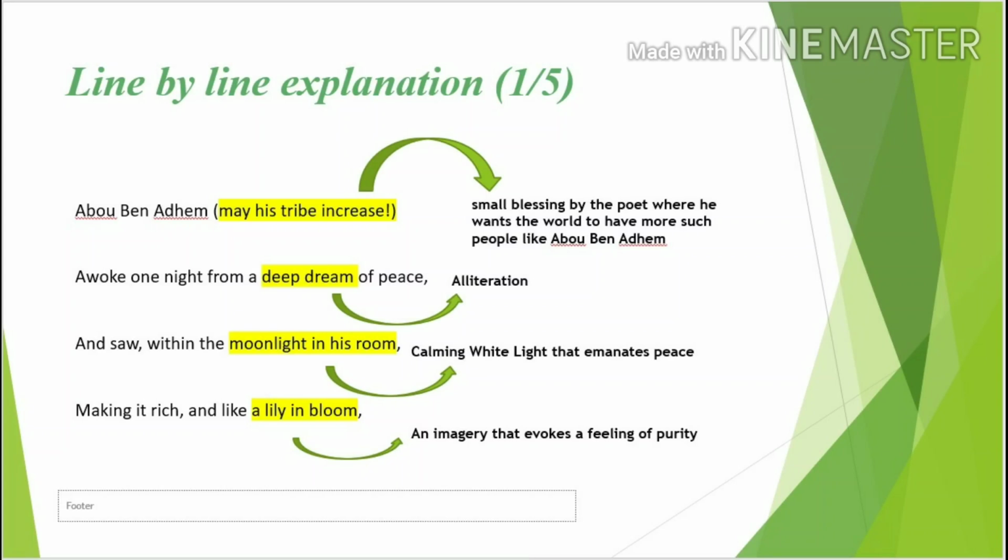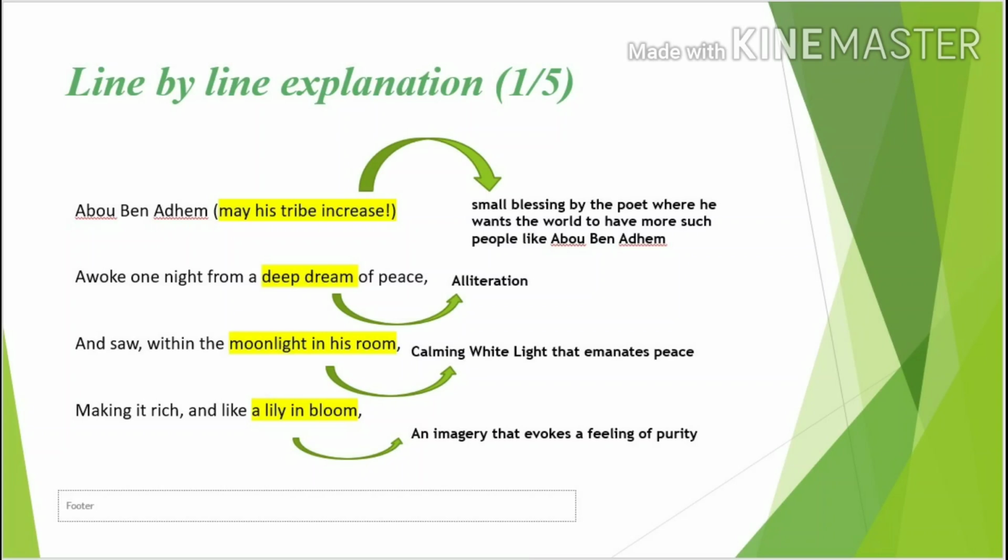So this is a very poignant imagery. What's an imagery? Where you can vividly see the picture that the poet is trying to project in front of you. Why are the lilies so beautiful? Because when all of them bloom at one time, you have a beautiful fresh aroma all around you.